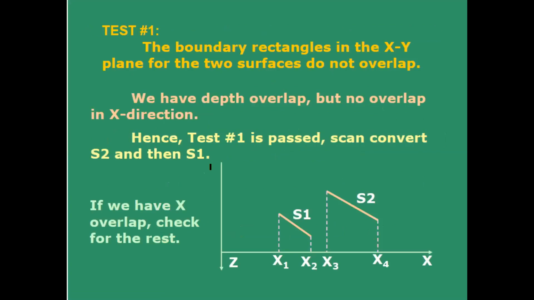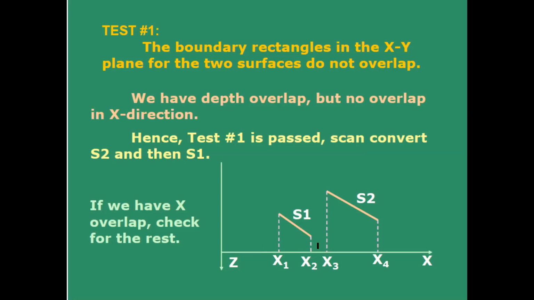Okay, so let's check the first test. It says that the boundary rectangles in the xy plane for the two surfaces do not overlap. That means we need to project the surfaces onto the x axis. You can see from the figure that we have edges from surfaces S1 and S2 projected to the x-axis.